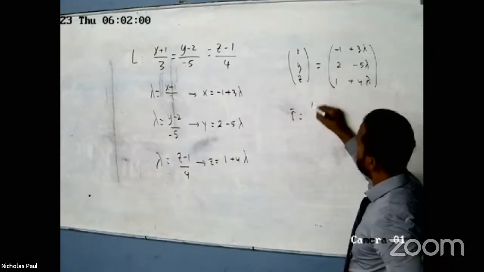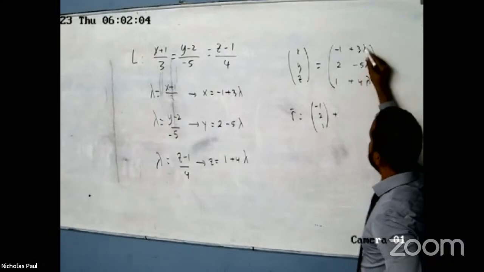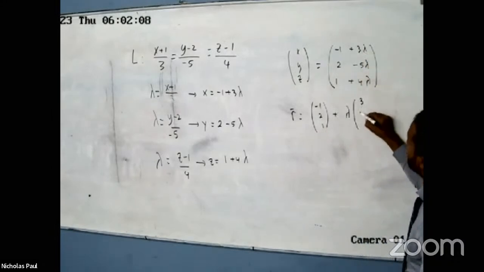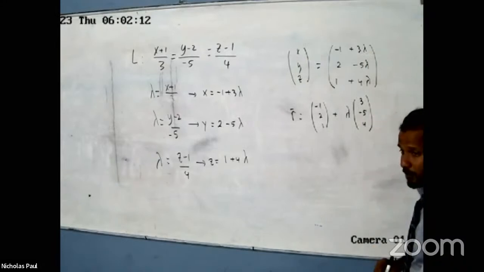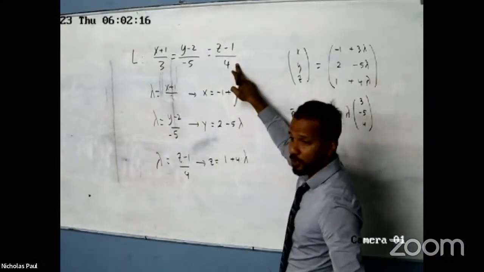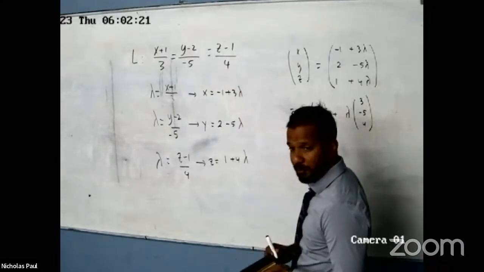This here is a point, (minus 1, 2, 1). The constant is lambda, and your parallel vector is (3, minus 5, 4). That's okay? Vector, parametric, Cartesian. Everybody okay with that?